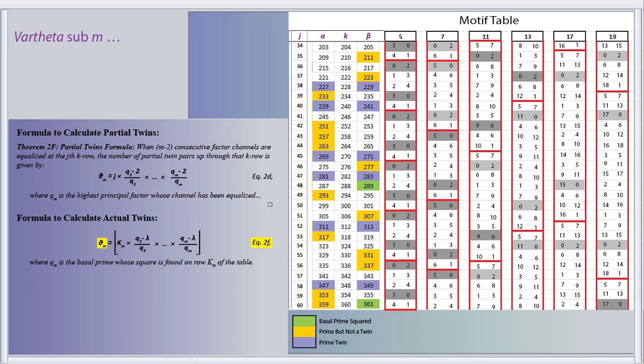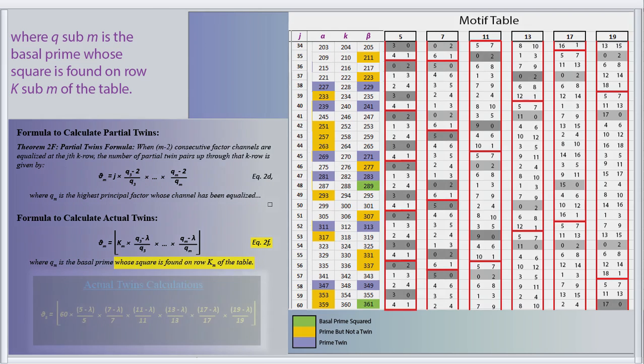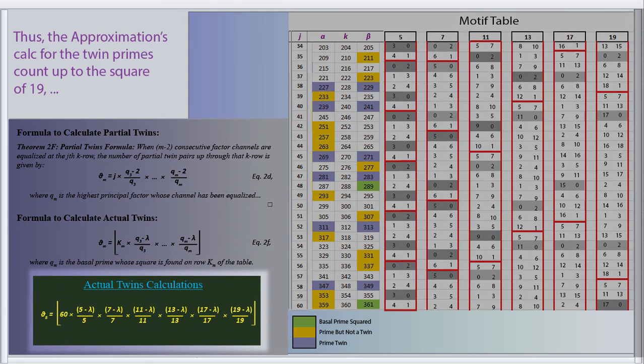Var theta sub m equals k sub m times q sub 3 minus lambda the quantity over q sub 3 times up through times q sub m minus lambda the quantity over q sub m, rounded down to the nearest integer, where q sub m is the basal prime whose square is found on row k sub m of the table. Thus the approximations calc for the twin primes count up to the square of 19, that is for var theta sub 8, is the one we see here.